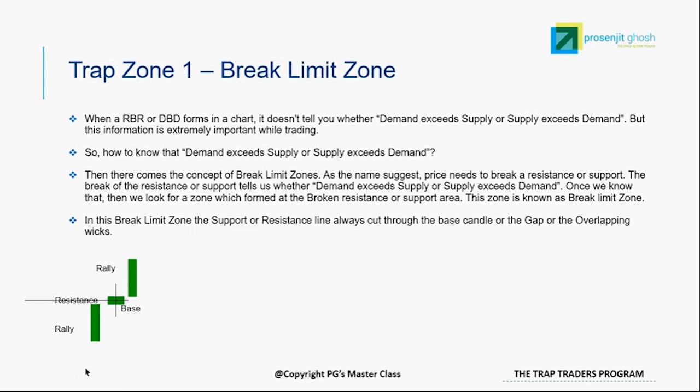The structure of a break limit zone is as simple as that. We will require a rally base rally, but we will look for a resistance line that is cutting through the base candles of the rally base rally.